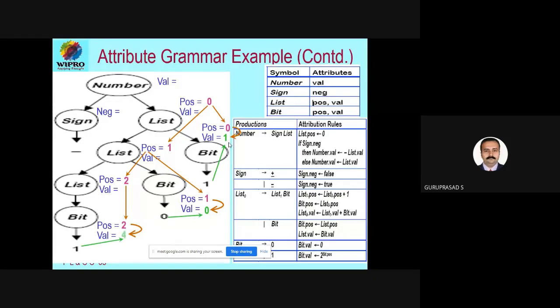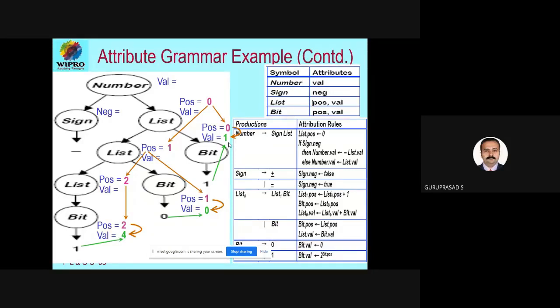Similarly, here the bit is 1, and here position is 2. 2 to the power of 2 is going to give you 4. So we computed all the bit and list dot positions as well as bit dot val. Now, based on this, we should compute list dot vals. We have computed only bit dot vals. We are supposed to compute list dot vals.